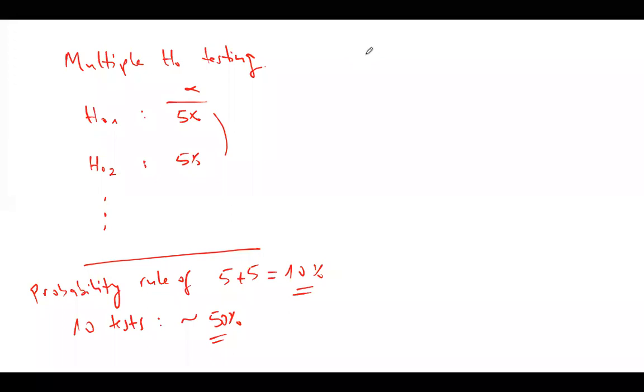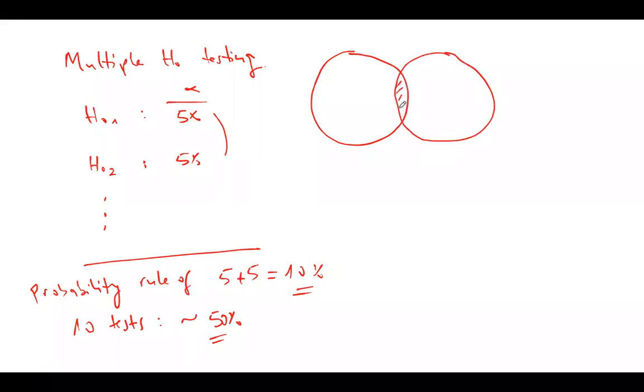Why not exactly 50? Because this is the probability A, and this is the probability B, but they can also be together. If I add them together, A plus B, this is 5%, this is 5%, total is 10%, but there is also a proportion where we have A multiplied by B, the intersection.